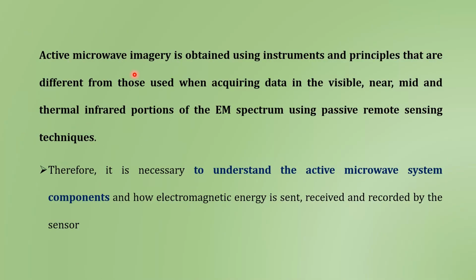Active microwave imagery is obtained using instruments and principles that are different from those used when acquiring the data in the optical or thermal infrared portion of the electromagnetic spectrum using the passive remote sensing technique. Therefore, it is necessary to understand the active microwave system components.